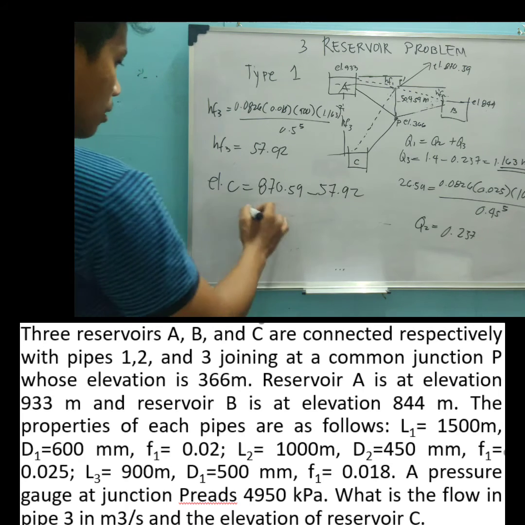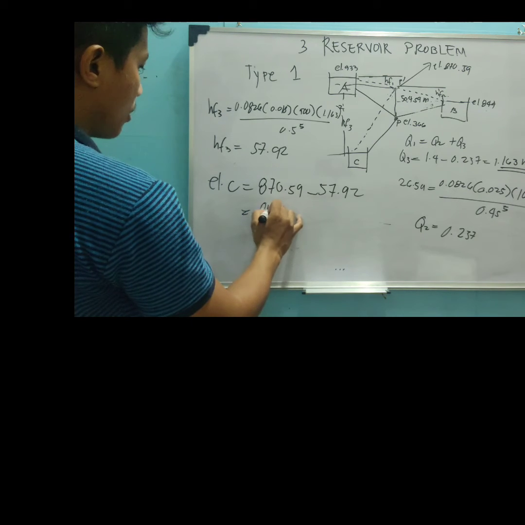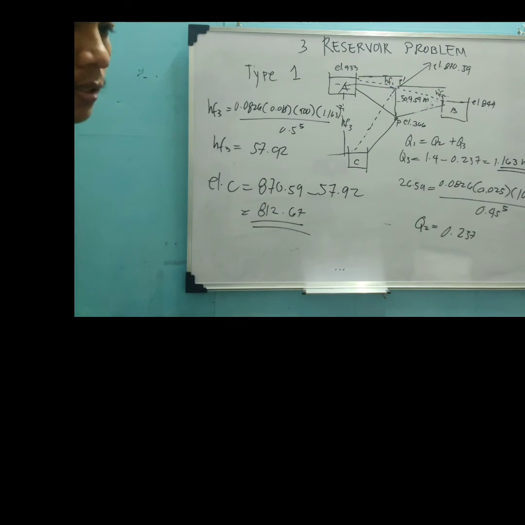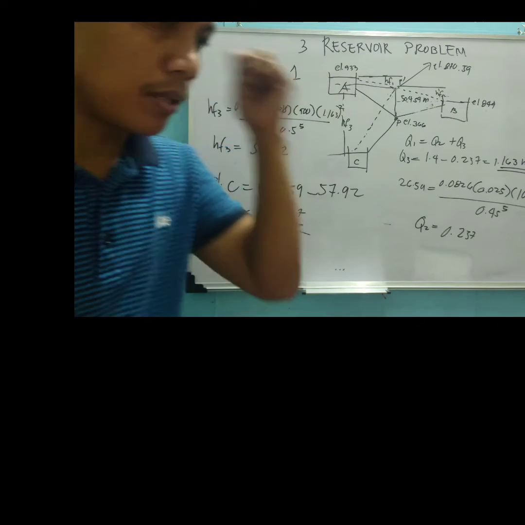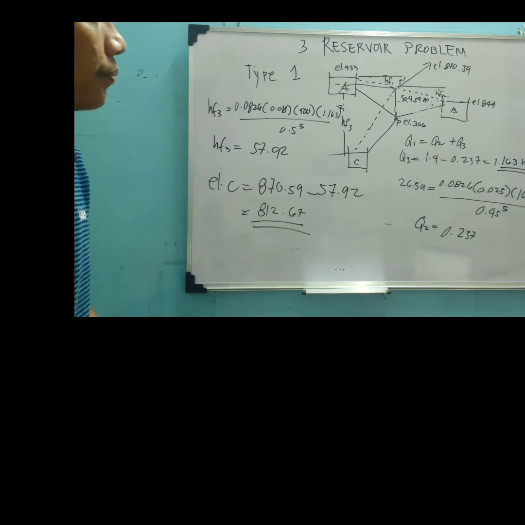And that is 812.67. So that's the answer for sample number 1, sample for type 1 problem of reservoir.